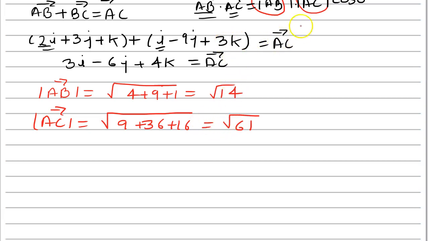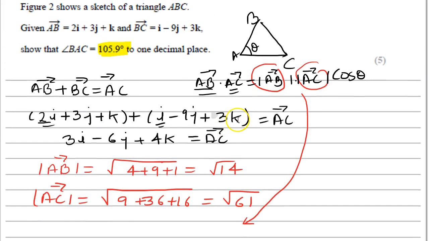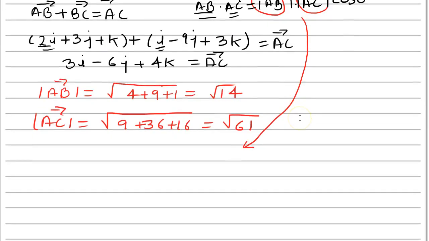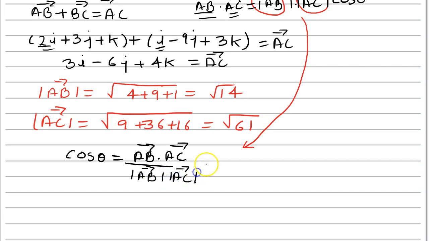So we have the modulus as well. So let's use this formula. AB dot AC is equal to modulus of AB times modulus of AC times cos theta. So cos theta is equal to AB dot AC divided by modulus of AB and modulus of AC.